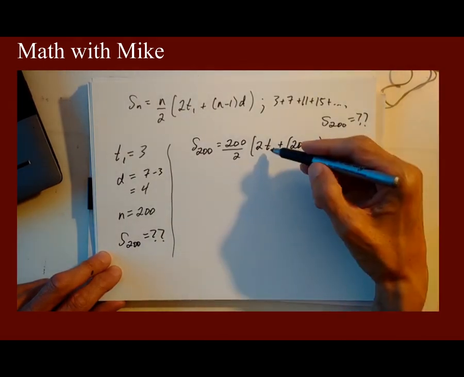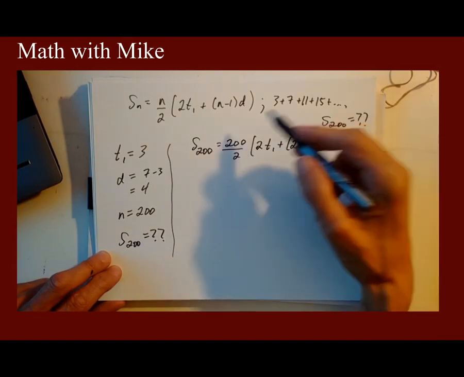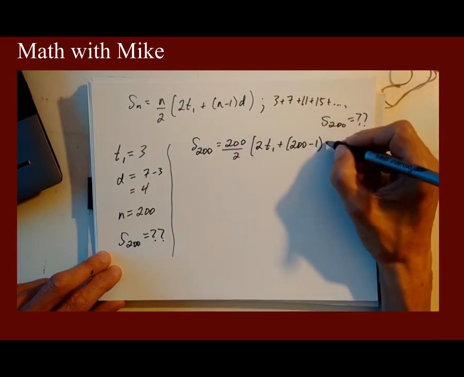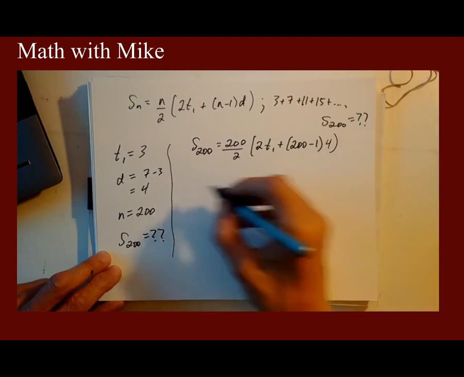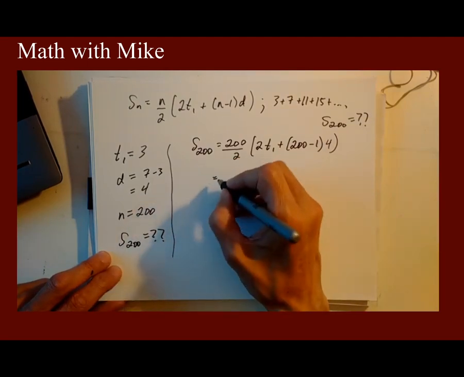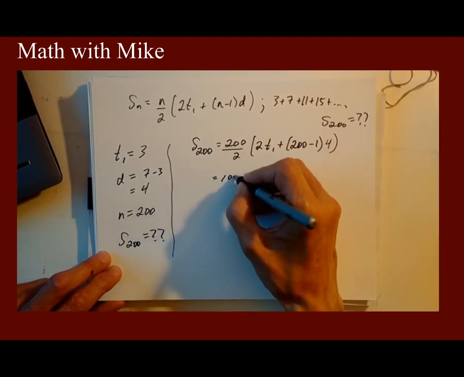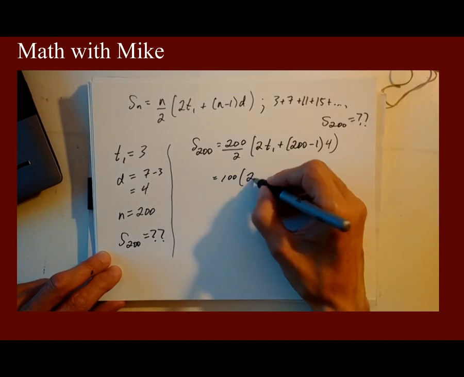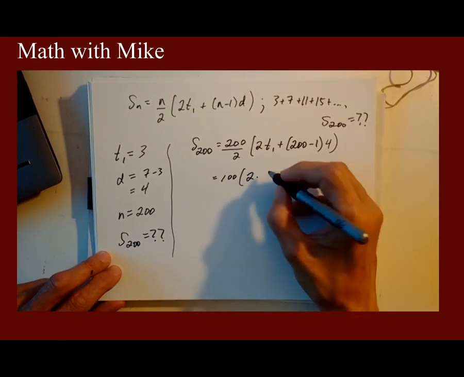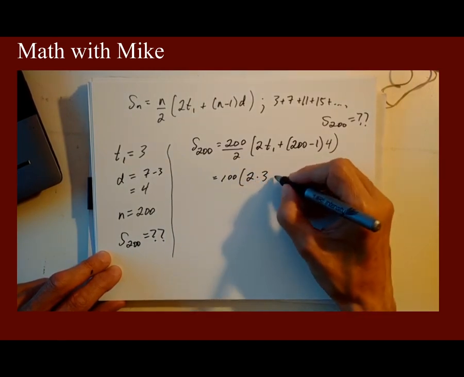Oh, whoops, 2 times t1. And the d is 4. Okay, we'll simplify this a little bit. That's 100 on the outside. I'm going to show it even though we could do it all together.